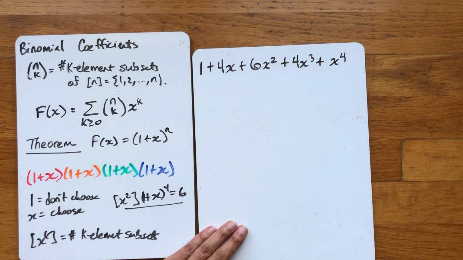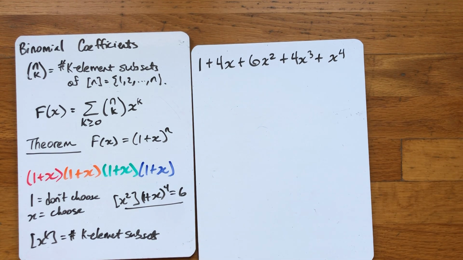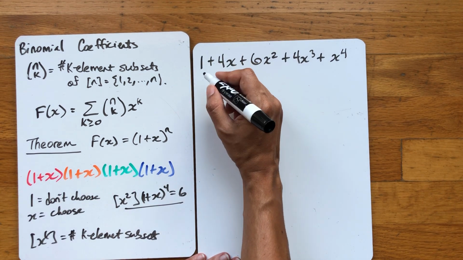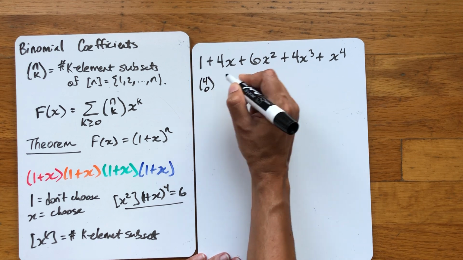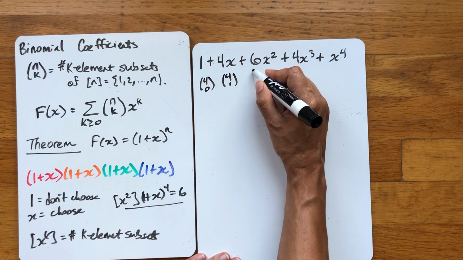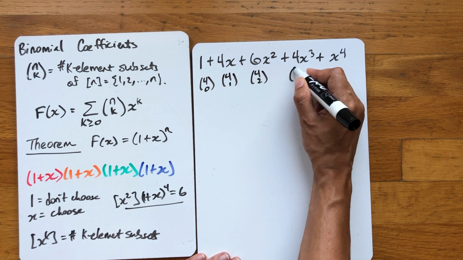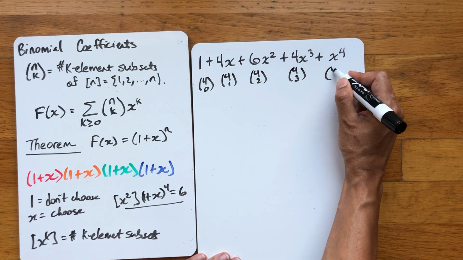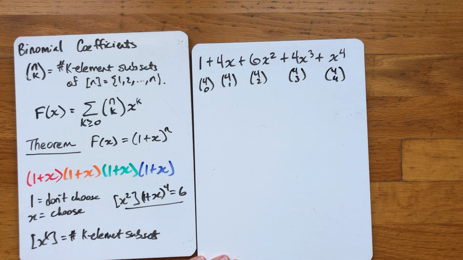So that's what our generating polynomial, it's a function, it's also a polynomial in this case, looks like. And so we can see that the coefficient here was 6. And that's just from writing that out. But we have this nice combinatorial way to understand it. But let me write these coefficients again: this is the 4 choose 0, here's your 4 choose 1, here's our 4 choose 2, 4 choose 3, and 4 choose 4 is also 1.